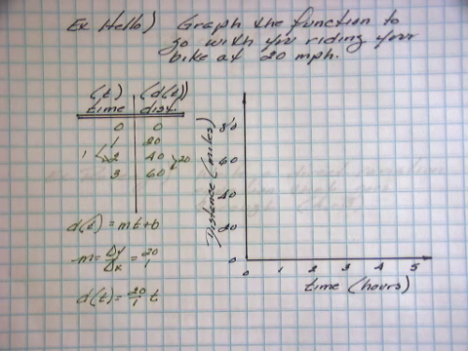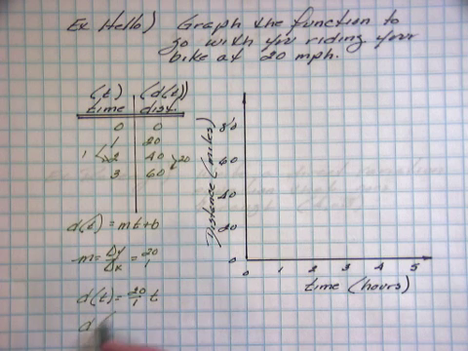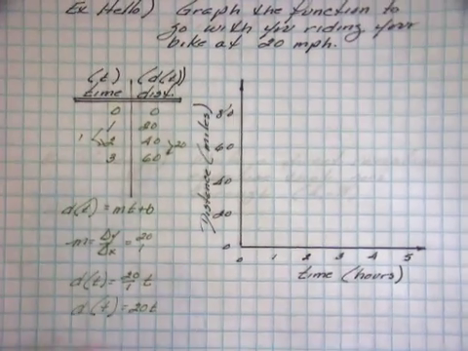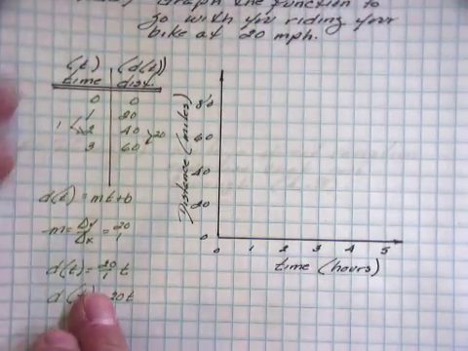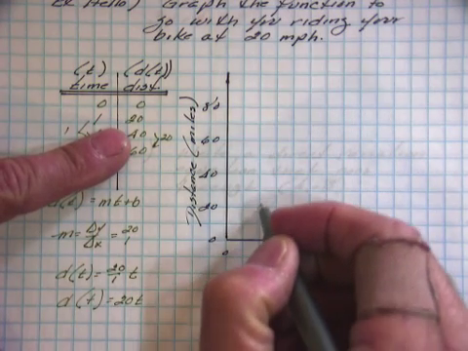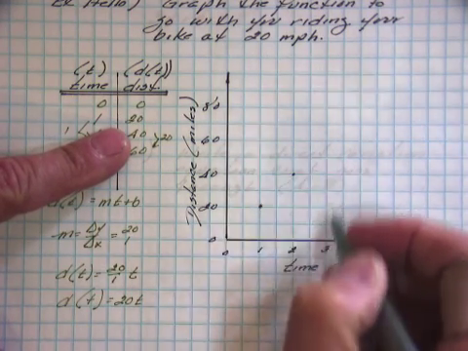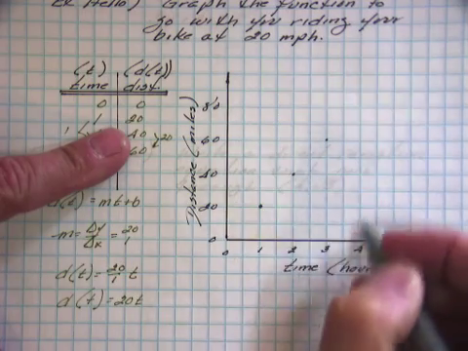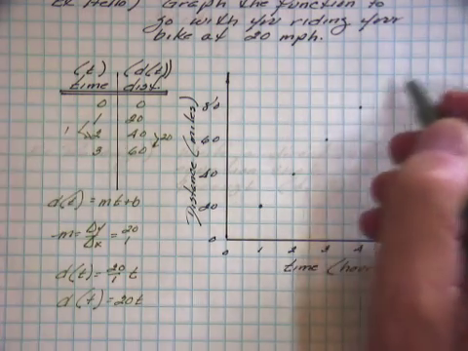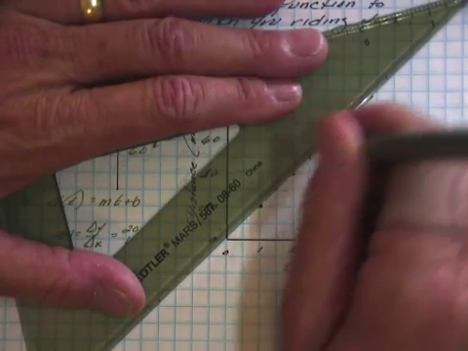It's going to go through the origin. Because again, if you go for 0 hours, you go 0 distance. So I'm not even going to put anything. I can simplify it to this. Okay? So that's the function, and now let's graph it to see what that looks like. So 1 hour gets me 20 miles, 2 hours gets me 40 miles, 3 gets me 60, 4, 80, and so on.